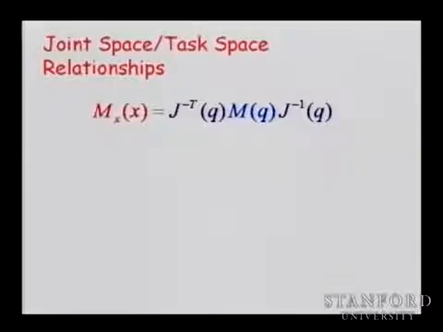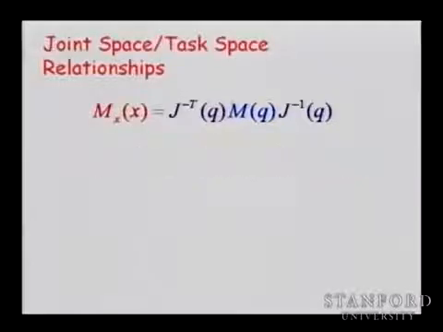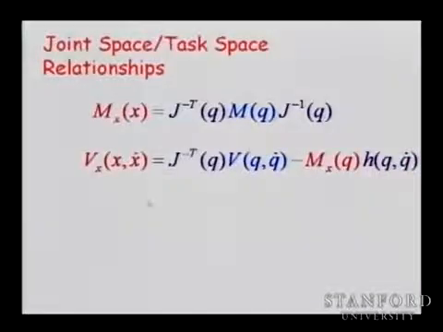So, in fact, once you computed your Mx, you can see that your centrifugal Coriolis forces are not just J minus transpose V. They are J minus transpose V minus this quantity.